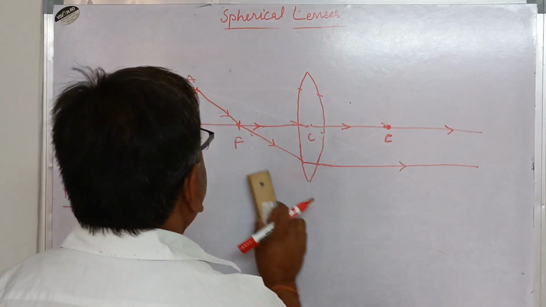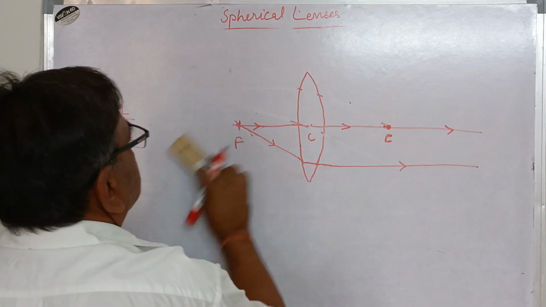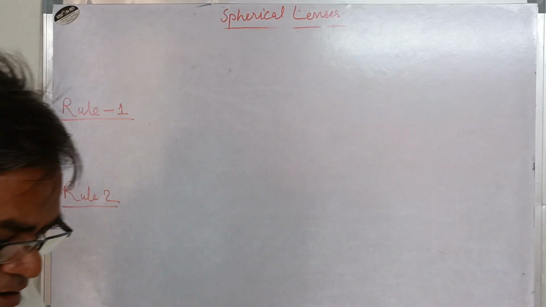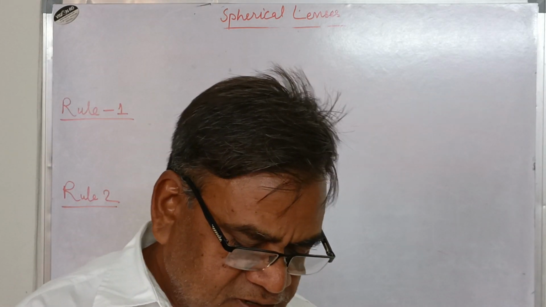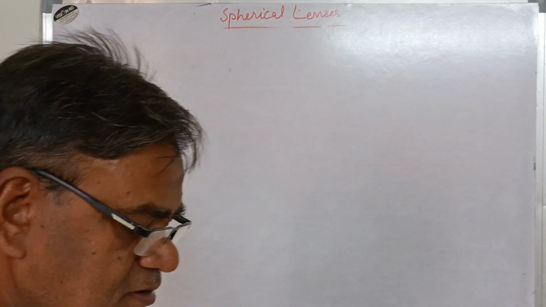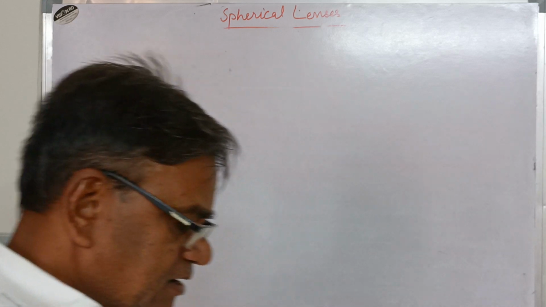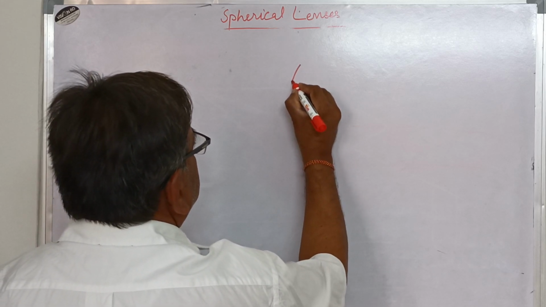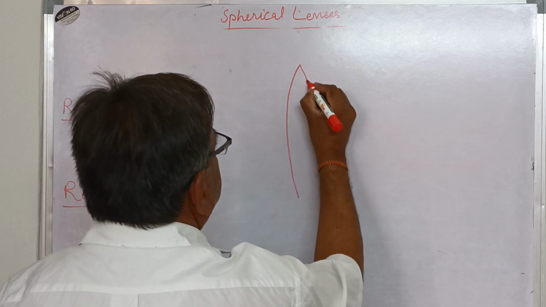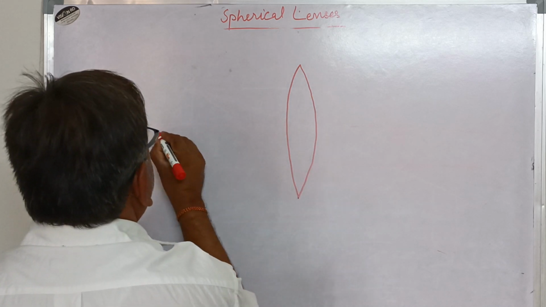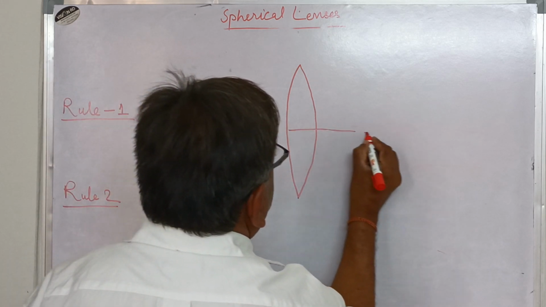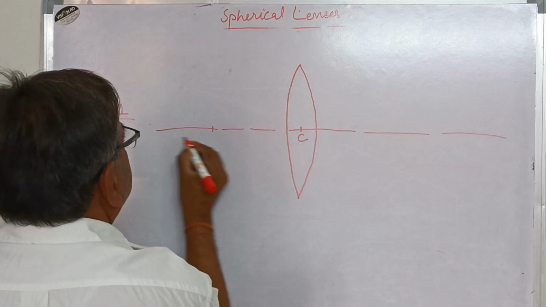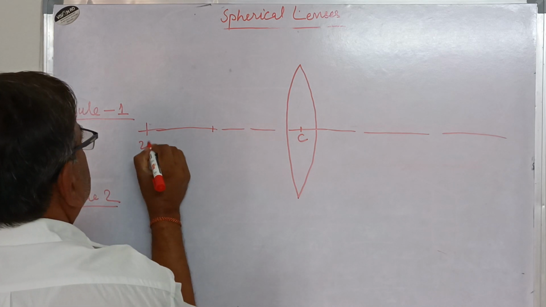So let us take this: how many positions can the object have between the optical center C and focus F? First, the formation of images. This is the point C, this is the F, and this is the 2F.